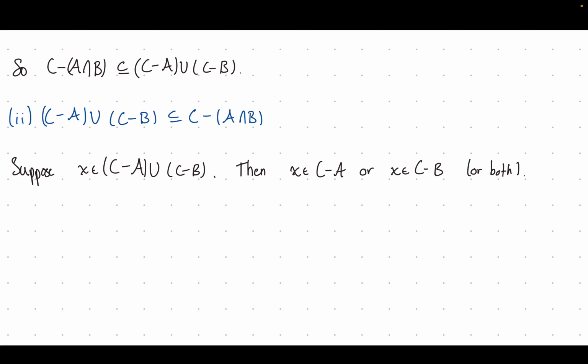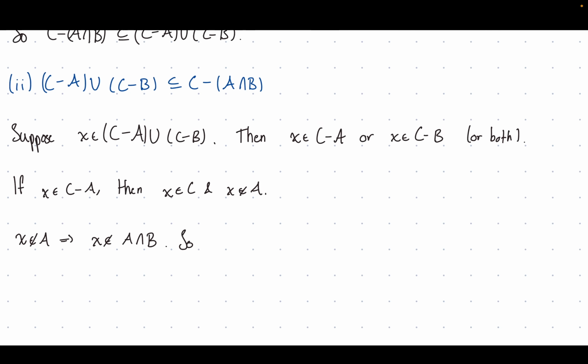Right, so if X is in C minus A, then X is in C, and X is not in A. So X is not in A implies that X is not in A intersect B. So I'm going to have to add an extra page.